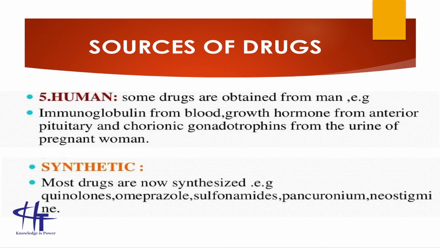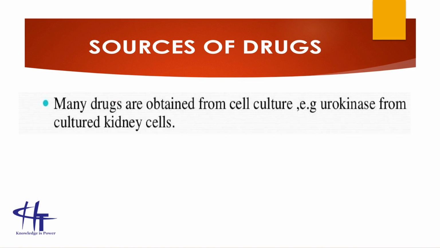Examples of these drugs are proton pump inhibitors, like omeprazole. We have some antibiotics, and then we have drugs like pancuronium and neostigmine, which we shall find in autonomic nervous system pharmacology. So all these drugs are essentially synthetic.